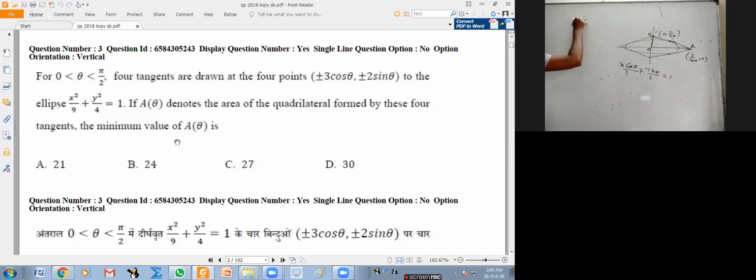Our required area is 4 times triangle OAB. 4 times half into base, which is 3 by cos theta, and height, which is 2 by sin theta. 2 will cancel, or you can keep the 2. 24 by sin 2 theta. So this area as theta changes is always 24 by sin 2 theta.